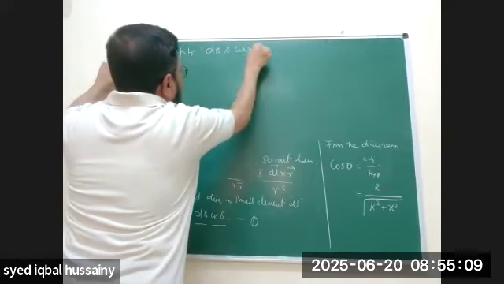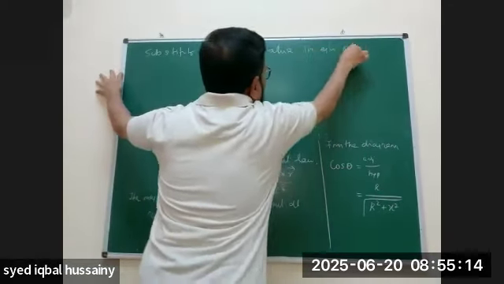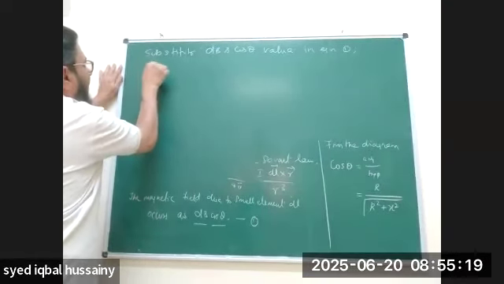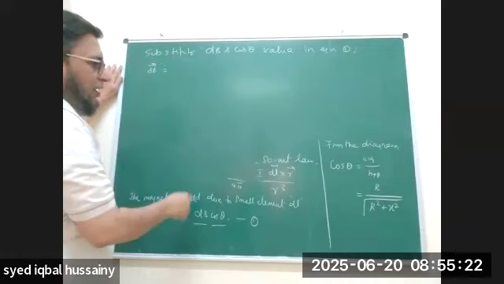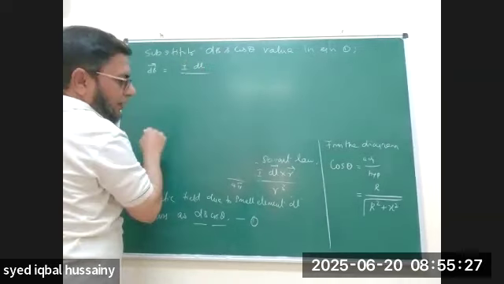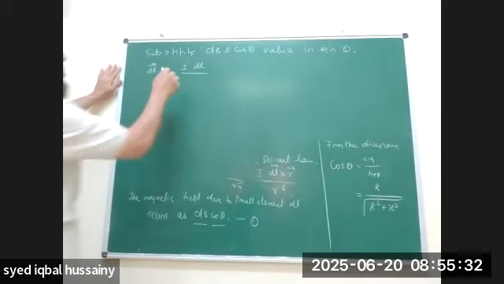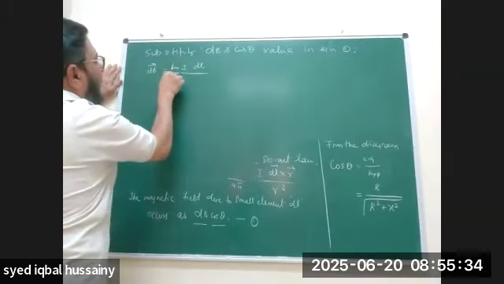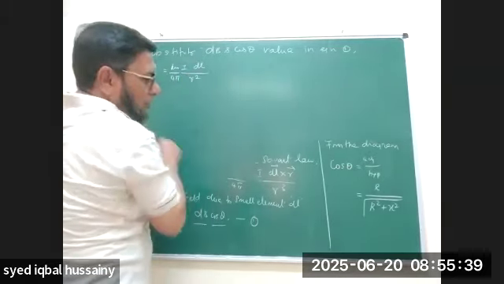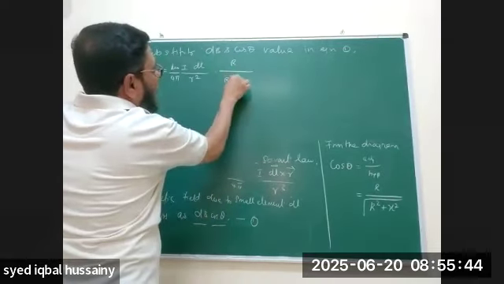Substituting dB and cos theta into equation one, the magnetic field will be equal to, dB का जगह डालो, dl by r cancel कर दो, mu naught by 4 pi divided by r square.